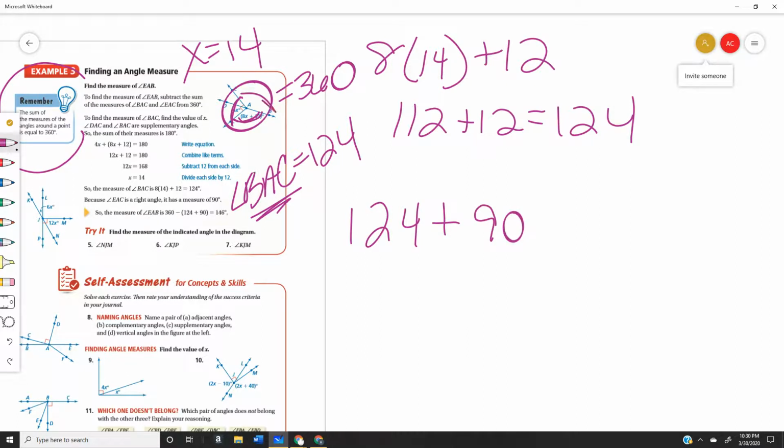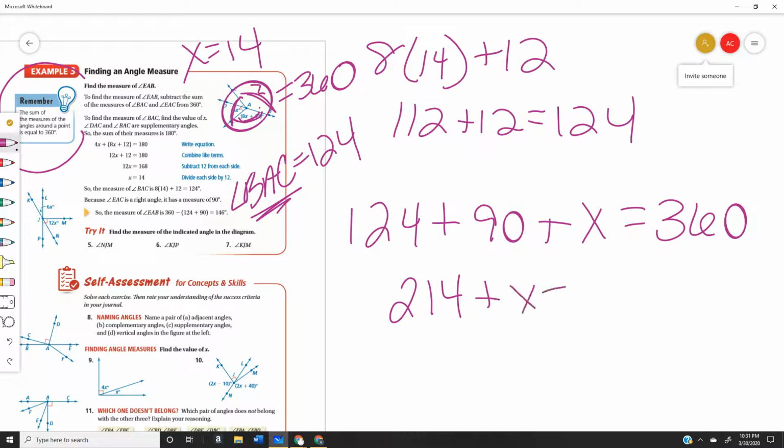And I'm looking, this is my question mark. This is what I need to find. So I'm going to say that that's x, and I know that all together they equal 360 degrees. Okay? So 124 plus 90 is going to be 214 plus x equals 360.